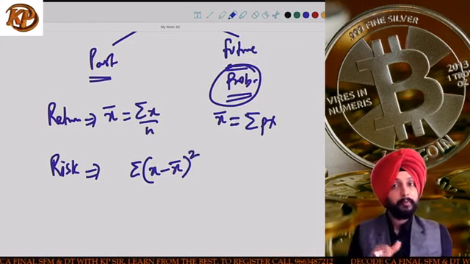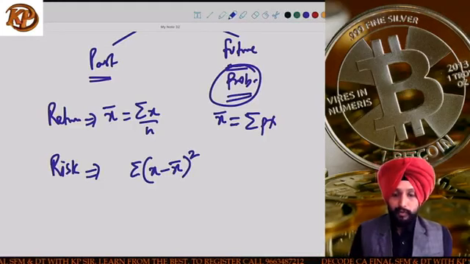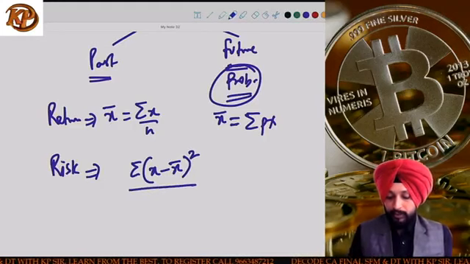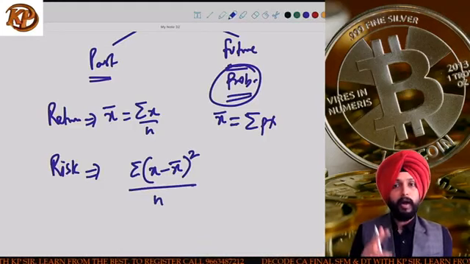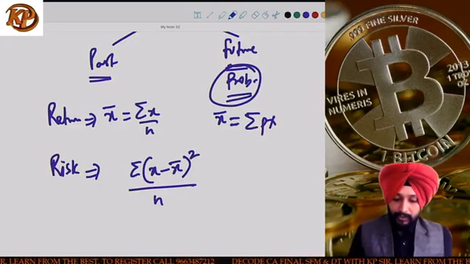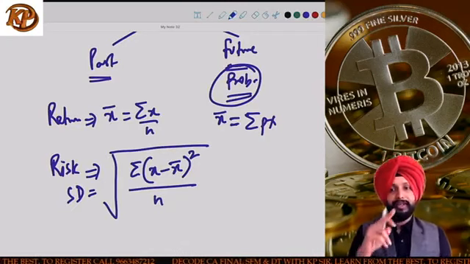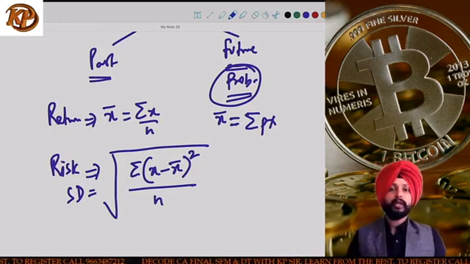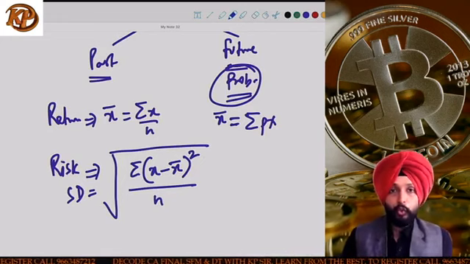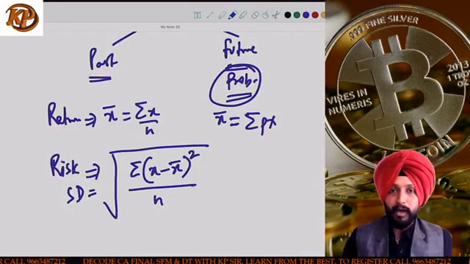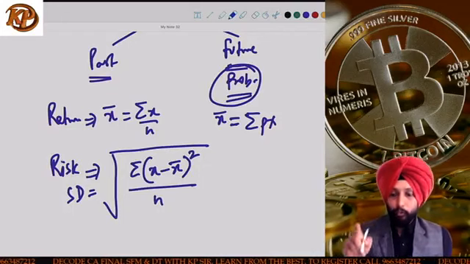We do the square of it because risk is always captured in terms of percentage square, and then we divide by n because we are talking about past data. And we do root over because we are calculating standard deviation. If you're calculating variance, don't do square root, but if you're calculating standard deviation, you will do root over of this. So summation x minus x bar whole square divided by n, and then the root over of it.